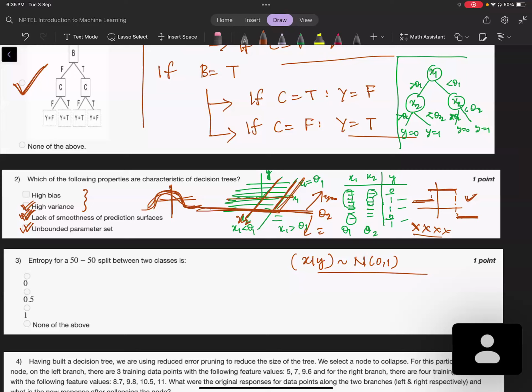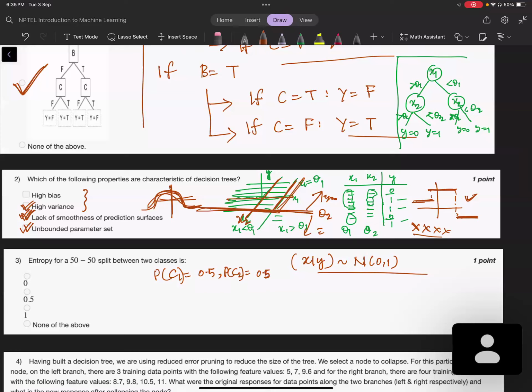So for entropy, you just have to apply the formula of entropy. It's a 50-50 split into two classes. Hence the probability of class 1 is 0.5 and the probability of class 2 is 0.5.